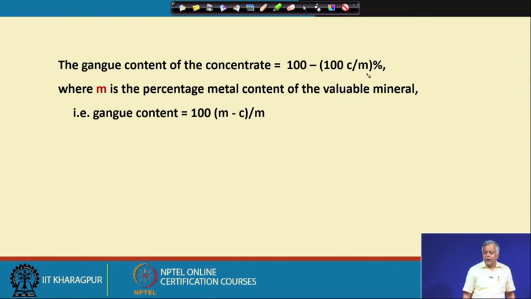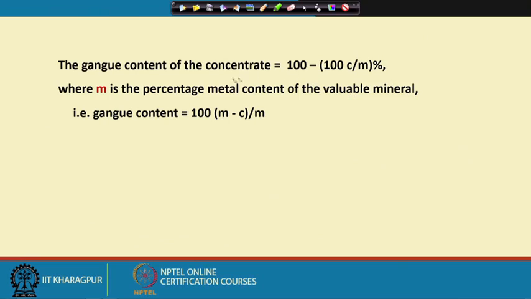That means, suppose you have adopted a process where your entire iron ore is broken to a certain size where it is fully liberated, and your process was able to give you a concentrate having only pure hematite particles. Then the recovery of gangue materials into that concentrate is 0.